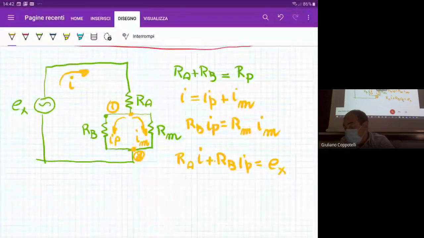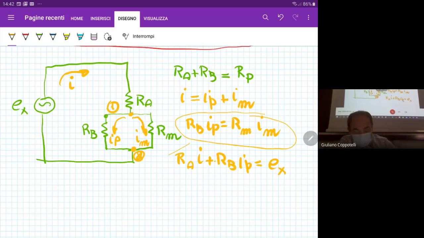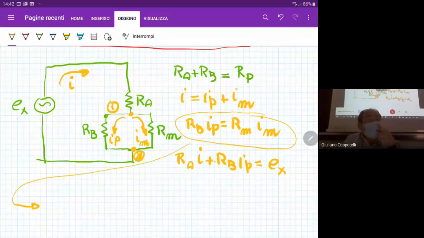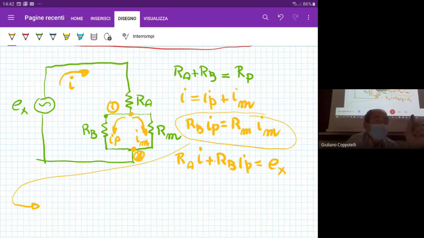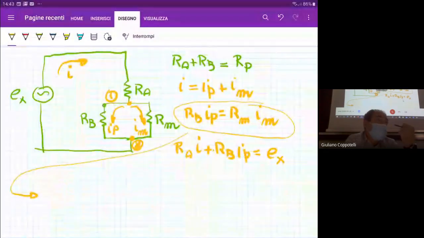For the third equation, RA times I is the differential of potential at the resistance RA, plus the differential of potential at the resistance RB, that is RB times IP, which should be equal to the input differential of potential, EX.